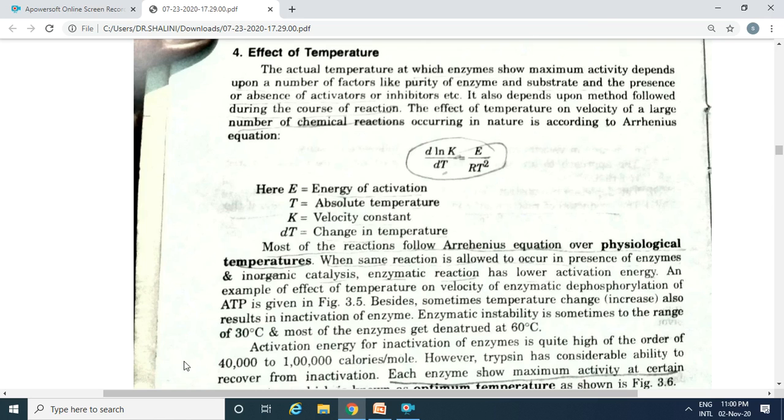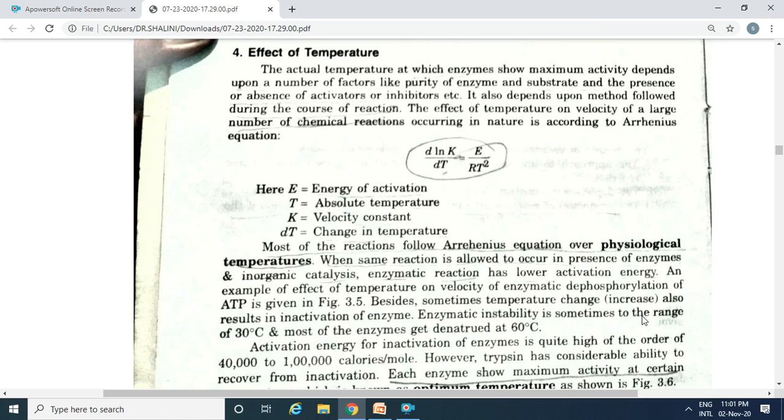An example of the effect of temperature on velocity of enzymatic dephosphorylation of ATP is given, and besides this, a temperature increase also results in the inactivation of enzymes.